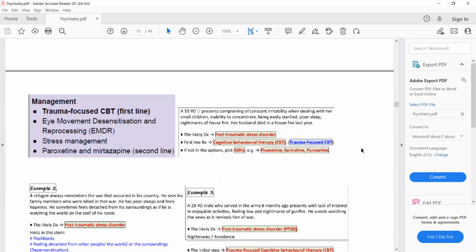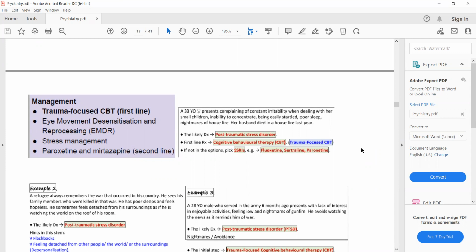In all other conditions, in anxiety, depression, panic disorder, or postnatal depression, the initial line was CBT and antidepressants such as SSRI, while in post-traumatic stress disorder, trauma-focused CBT or EMDR is the first-line treatment, and then fluoxetine or mirtazapine, an SSRI and an atypical antidepressant, can be used as a second-line drug for the management of post-traumatic stress disorder.